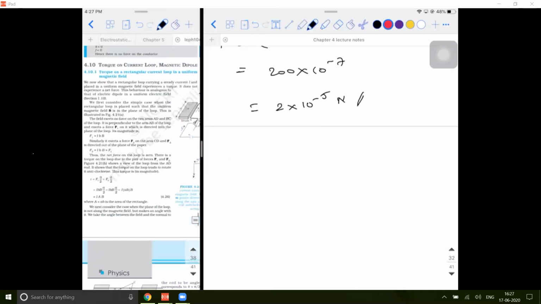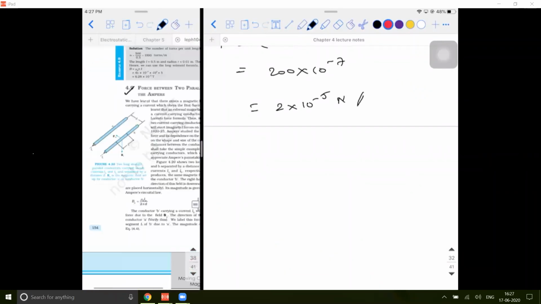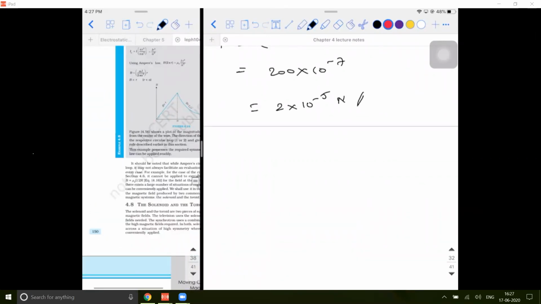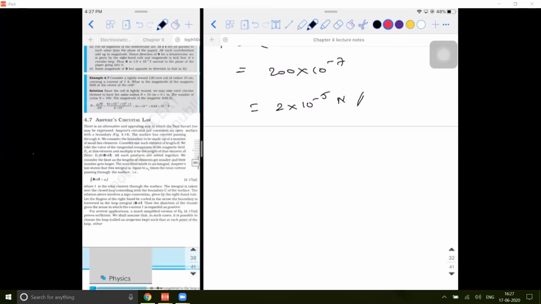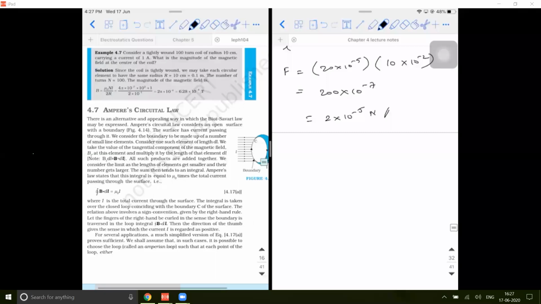So the next concept that I will explain is Ampere's circuital law. So write the heading as Ampere's circuital law. See, if you observe till now, every chapter has two laws.